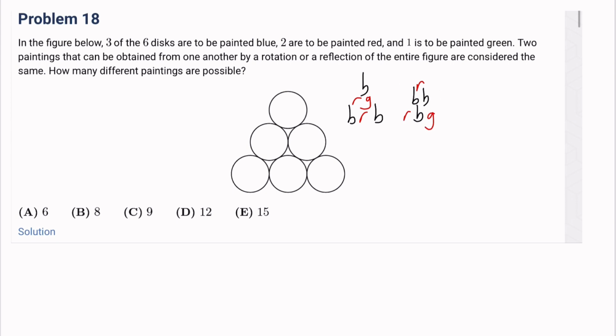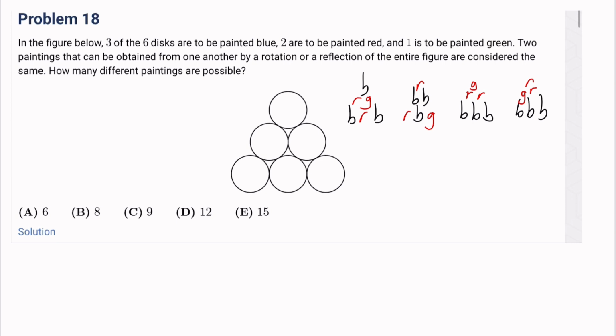And so in the same way, we can have B like this, and we can have actually 2 different kinds of things. The green can be at the top, or the green can be in the second row, right? So the top will be red, and this will be green and red, right? And the reason that we're not doing red green is because that would be a reflection of the whole thing, right? So it's the same thing.